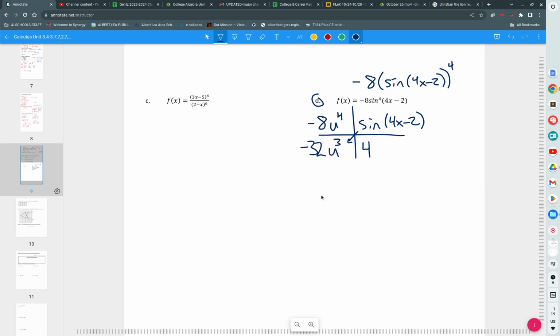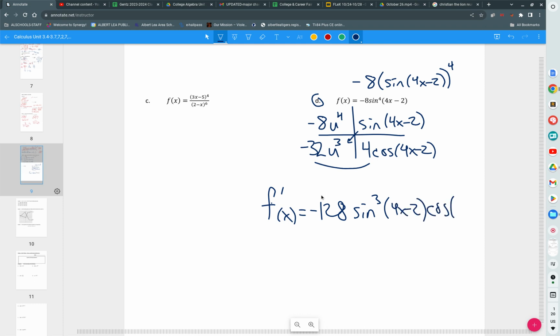What's the derivative of the outside? Cosine of 4x minus 2. So we actually did the chain rule twice. We didn't write out the boxes. So I'm going to multiply these. Negative 4 times 32, negative 128 times sine cubed of 4x minus 2 times cosine of 4x minus 2. That's the derivative.